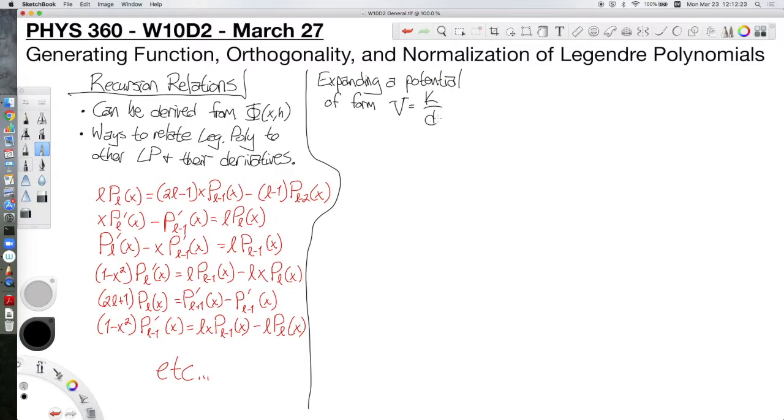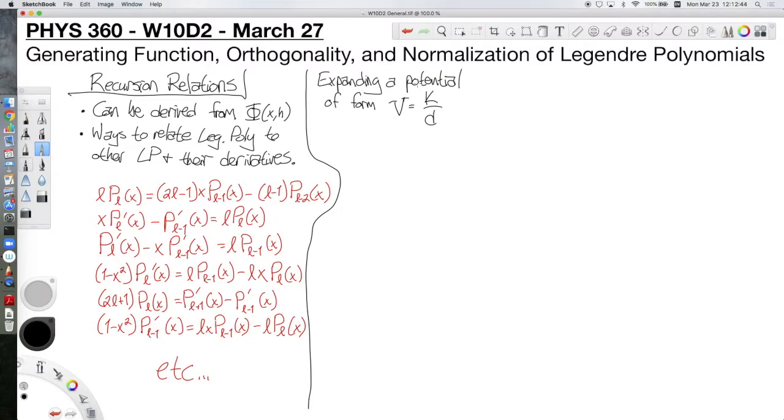So this is the 1 over r potential you see a lot in physics. The electrostatic potential, the gravitational potential, all of these have 1 over r relationships. So for an appropriate value of the constant K here, this is an electrostatics problem, or this is a gravitation problem.